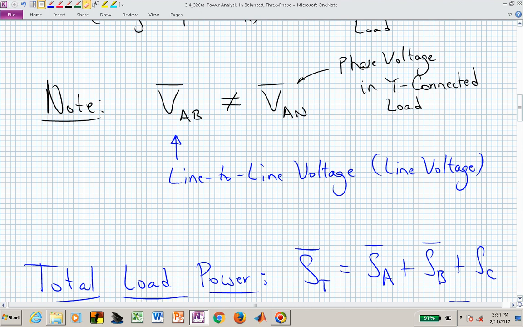So the total complex load power, or the total load complex power, is the sum of the three individual phases.